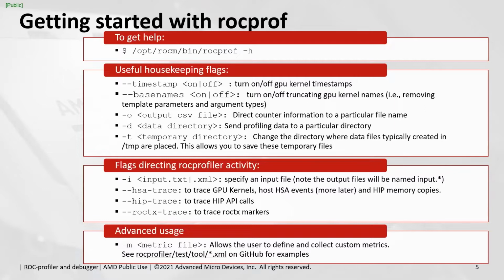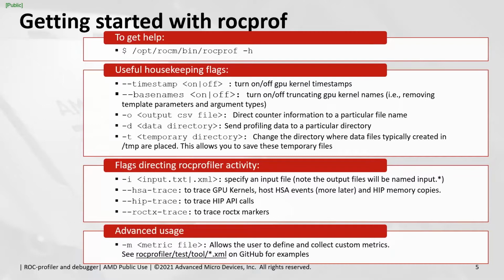Generally, when rocprof is collecting the traces or your counters, and it is looking for your kernel names, it's going to extract the entire kernel name along with all the input arguments and everything. If you only want to look at the base name and don't want to look at the other things, you can have the base names on off flag again.